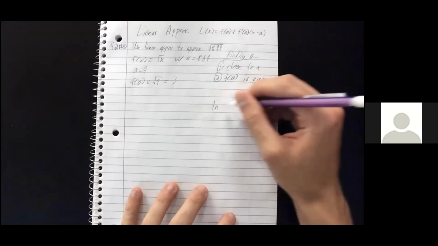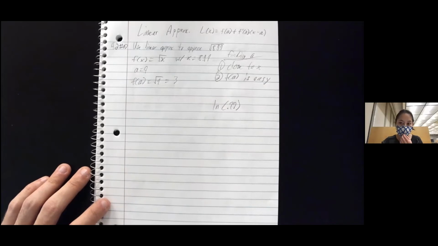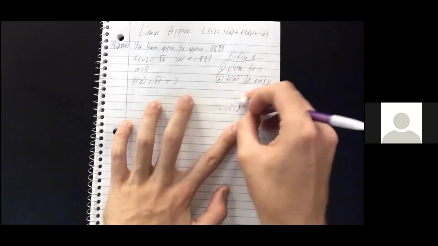Okay. So if I wanted to set up finding ln of 0.99, what would I use as a here? One. Yeah, exactly. Because 1 is close to 0.99 and ln of 1 is just 0. So we know how to find that pretty easily, right? We could do that for a bunch of different things.